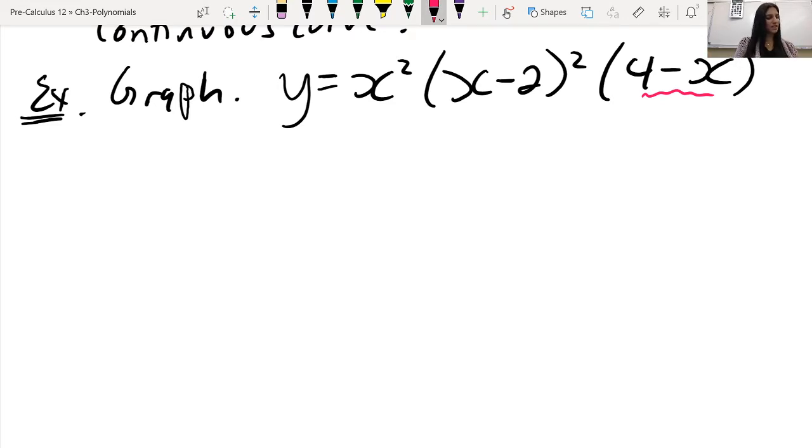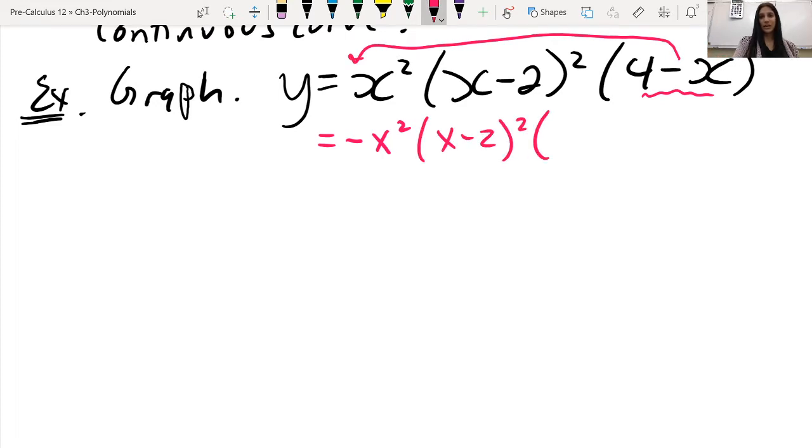So we can rewrite this as negative x squared. I've pulled the negative all the way to the front, times (x − 2)^2. Then here, I can rearrange it and it becomes (x − 4), because to pull out the negative I divided both terms by −1. So that's what ends up giving us this to work with.